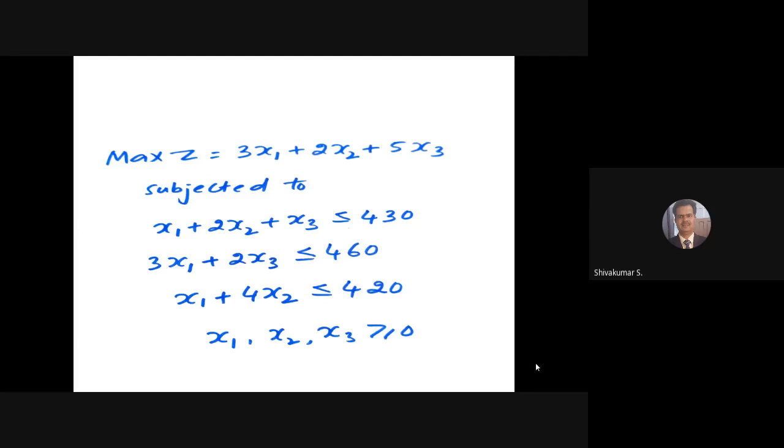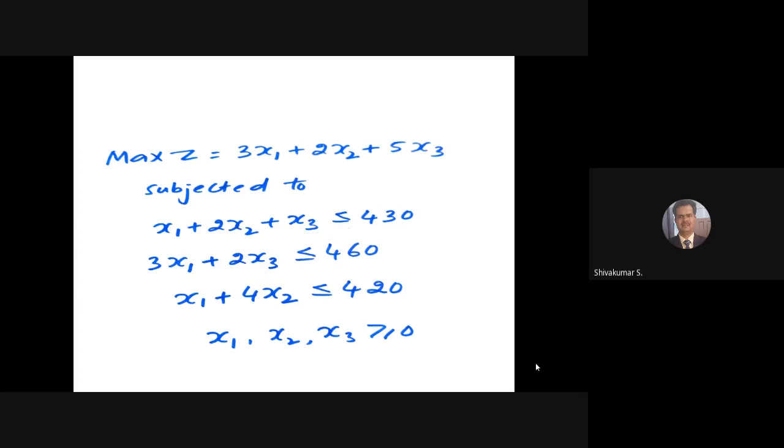But these are the basic variables, S1, S2, S3 and all. Basic variables can never be negative values. So to convert negative, we introduce one more variable called artificial variable, A. If you have three equations with greater than sign, then you get minus S1, minus S2, minus S3, and correspondingly you add plus A1 for the first equation, plus A2 for the second, plus A3 for the third.